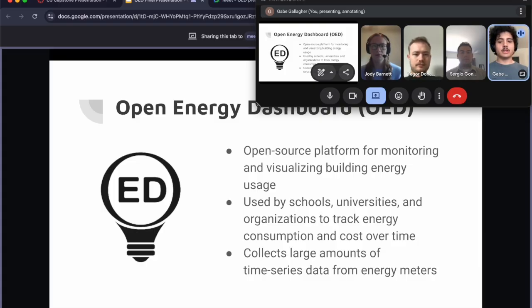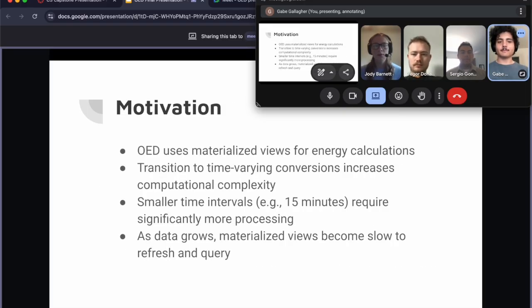Generally, OED is a relational database with a graphic user interface that allows its users to collect and track energy usage data for its sites, mostly reading off of electricity meters for that purpose. OED currently uses materialized views to handle energy calculations.